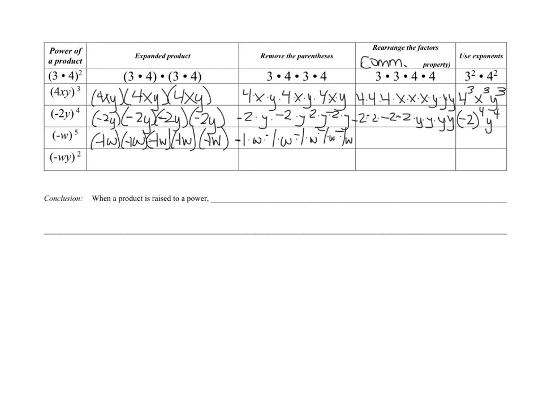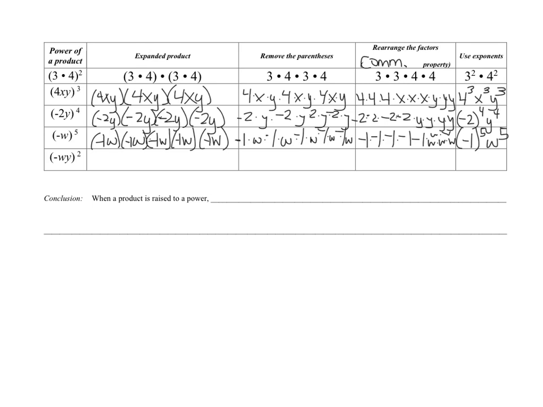If we rearrange it, I have 5 negative 1s being multiplied together, 1, 2, 3, 4, 5, and then 5 w's being multiplied together. So if I rewrite this, it would be negative 1 to the 5th power, w to the 5th power. Okay? So the negatives, we're going to treat them like negative 1s. So let's take a look at another one.